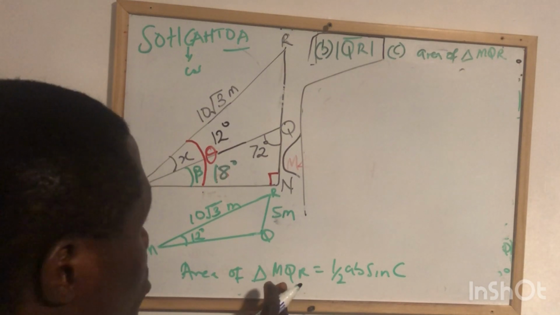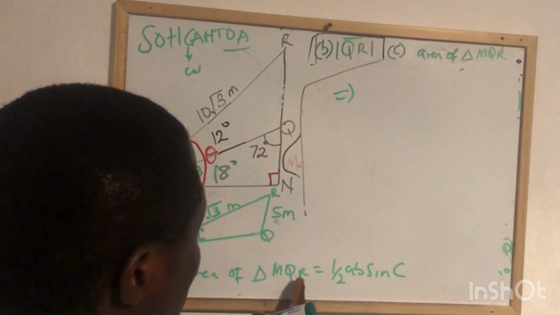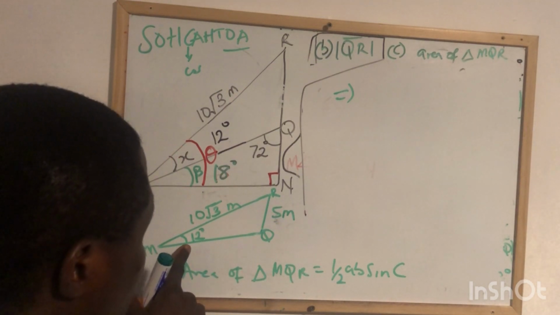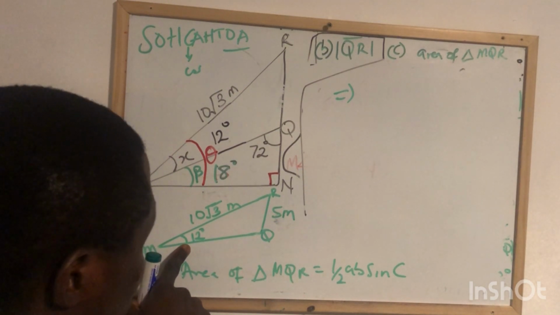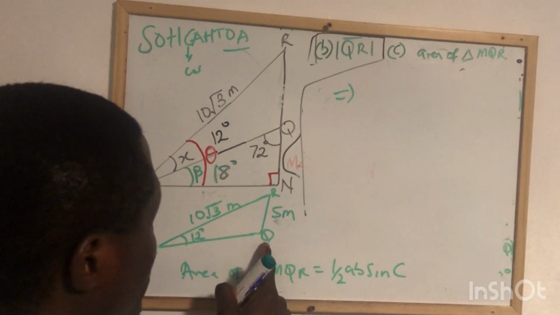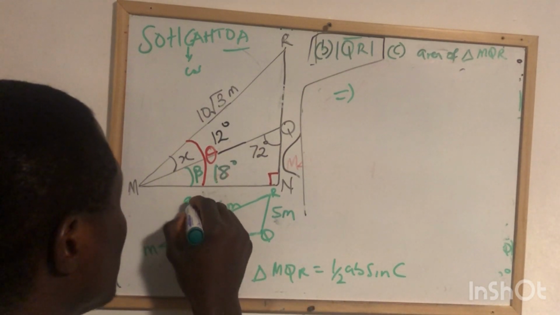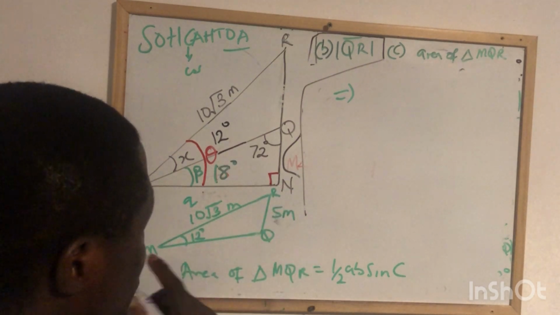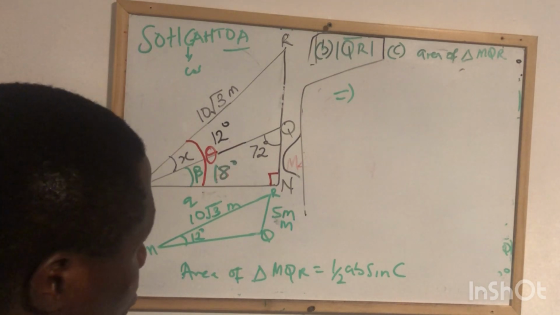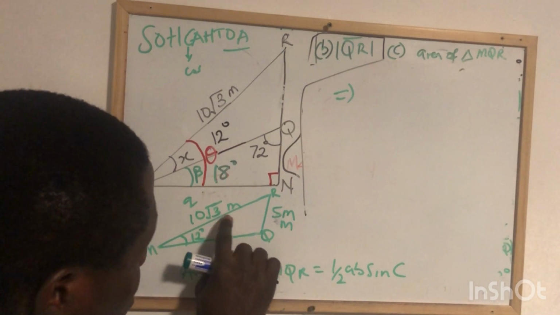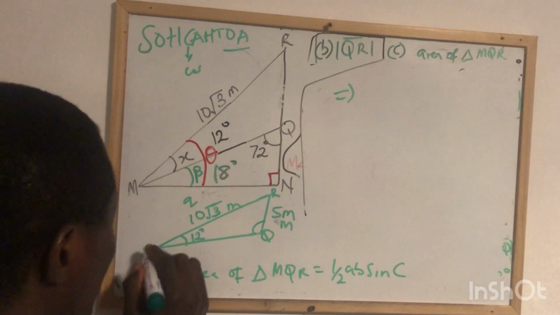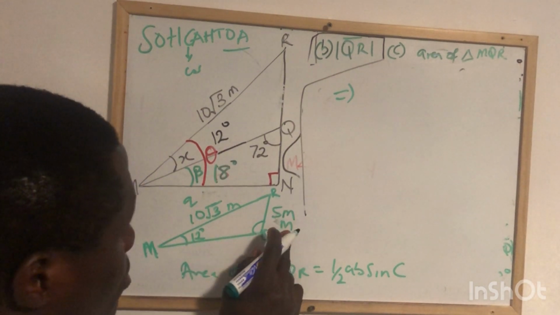We are going to change it to M. My angle here is going to be M, so C is going to be M. A is going to be Q here, and then B is going to be small letter m. The opposite side of this angle Q is what we call small letter q, and the opposite side of this angle M we call small letter m.